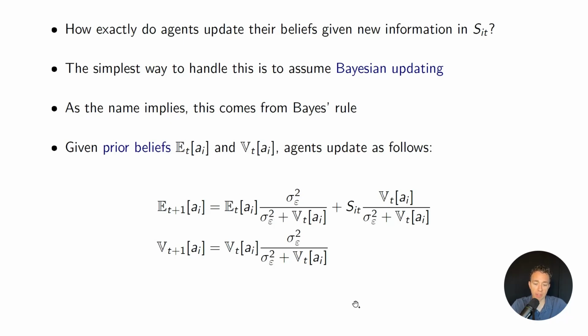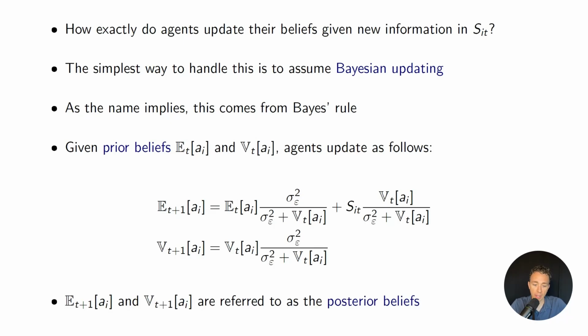So these are the Bayesian updating formulas, and we call the updated formulas the posterior beliefs, and the other formula, the period t subscripts, are the prior beliefs. So in period t, I have some prior beliefs, and then by the end of t, I have these posterior beliefs, and the posterior beliefs from period t would become the prior beliefs in period t+1. And then you just repeat accordingly.